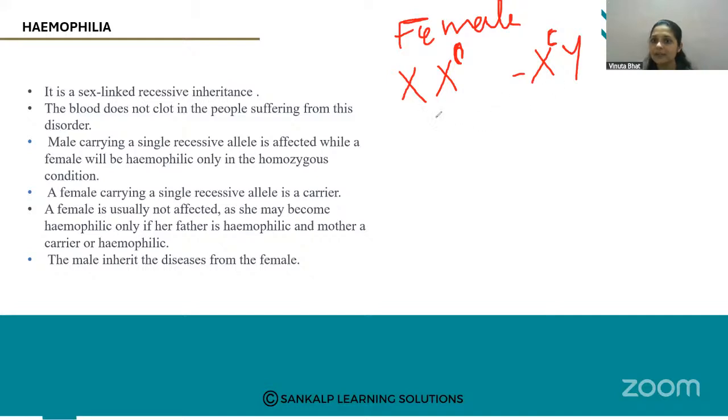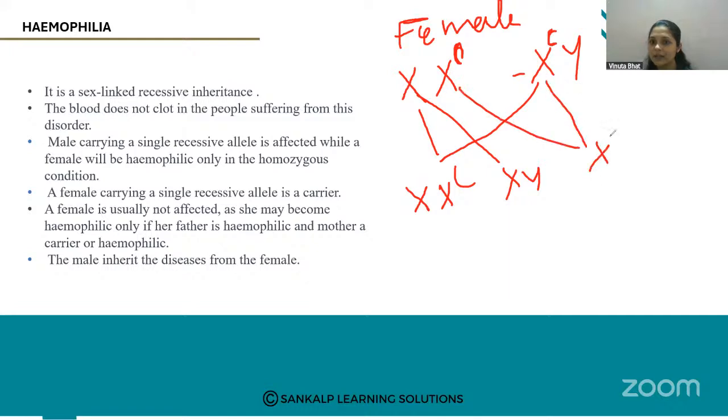So when they produce babies, there is a chance of one healthy male baby with a carrier female, and one female is affected if both the XX chromosomes are affected, and one affected male.